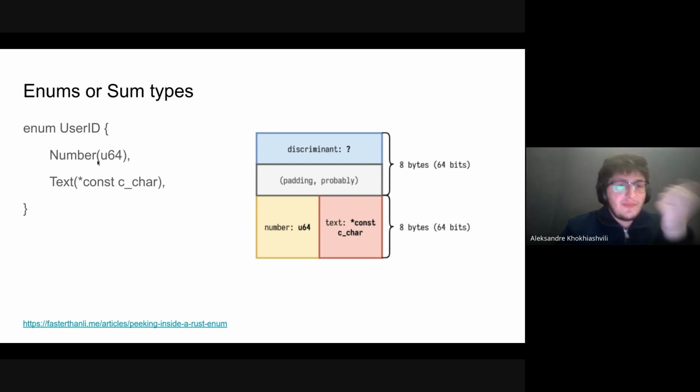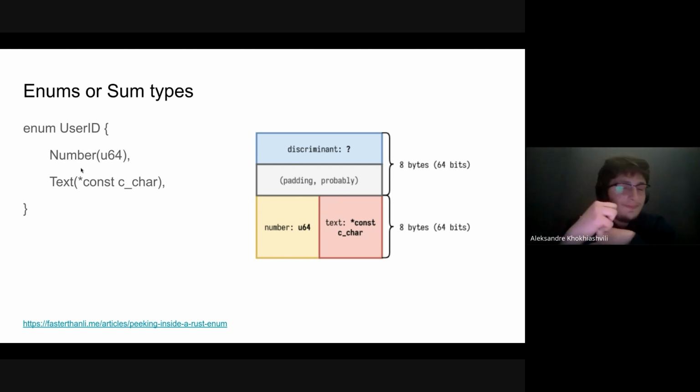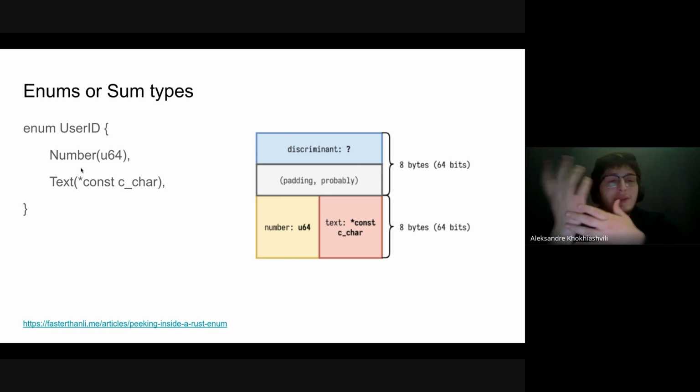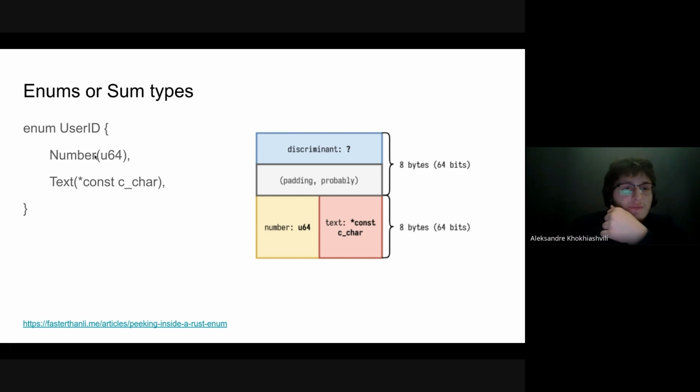In C, you might have to have a structure which will store both of these versions together and only use one of the fields. Or if you know more advanced features of C, you could also use unions. But those are much harder to use compared to Rust enums, where you just have a type which can either be a number or a text.